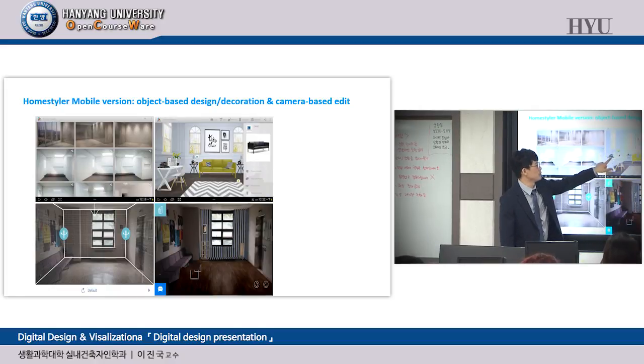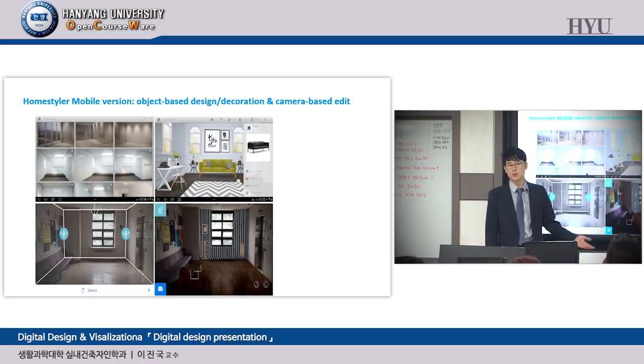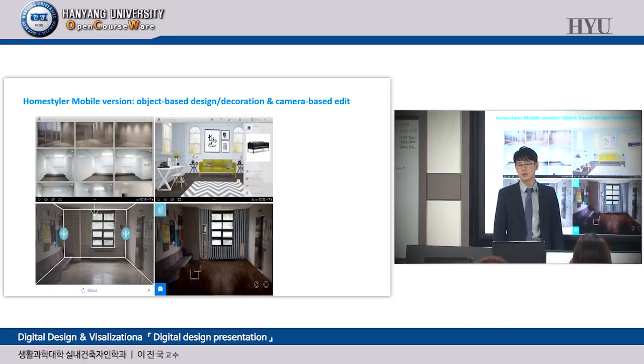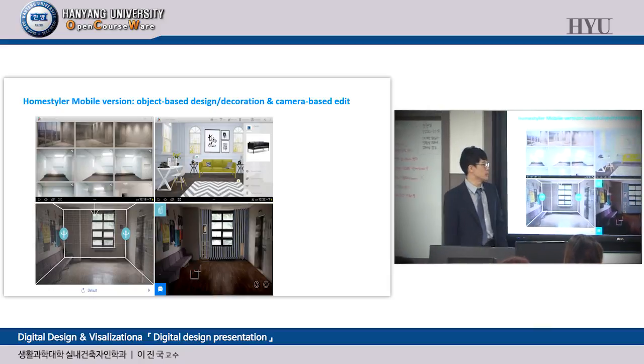If you click one of the materials, HomeStyler knows whether this furniture is real world furniture or just geometry. It has price information and it has some material details and lots of associated information you need.